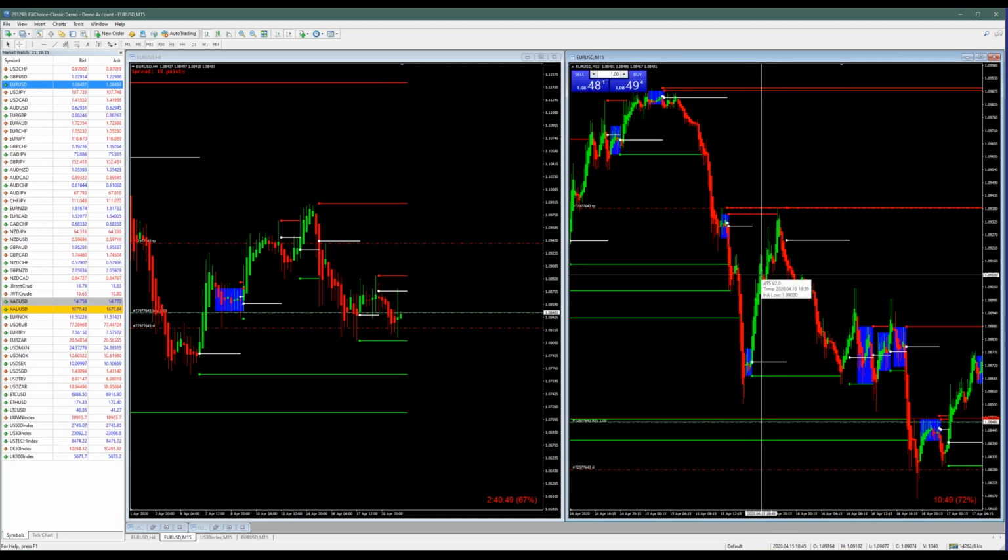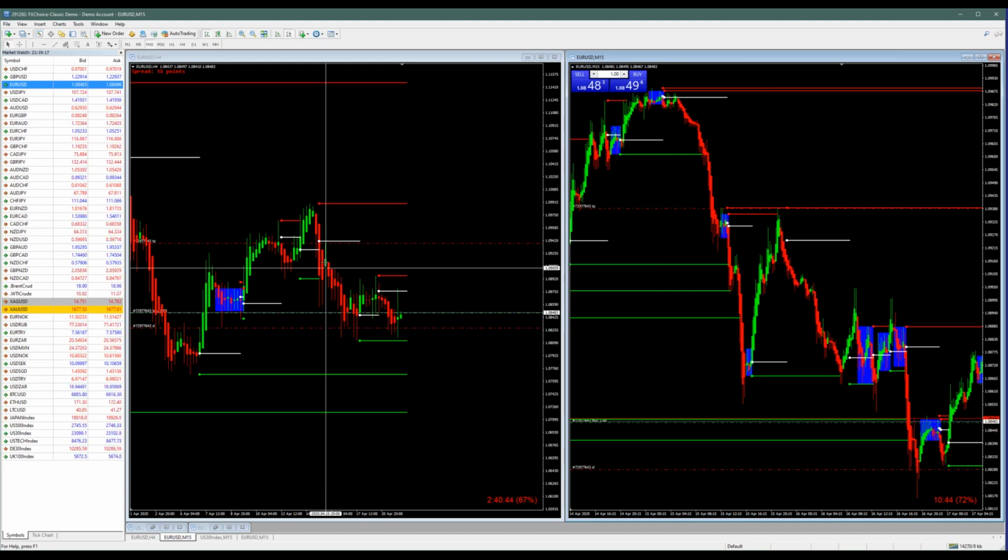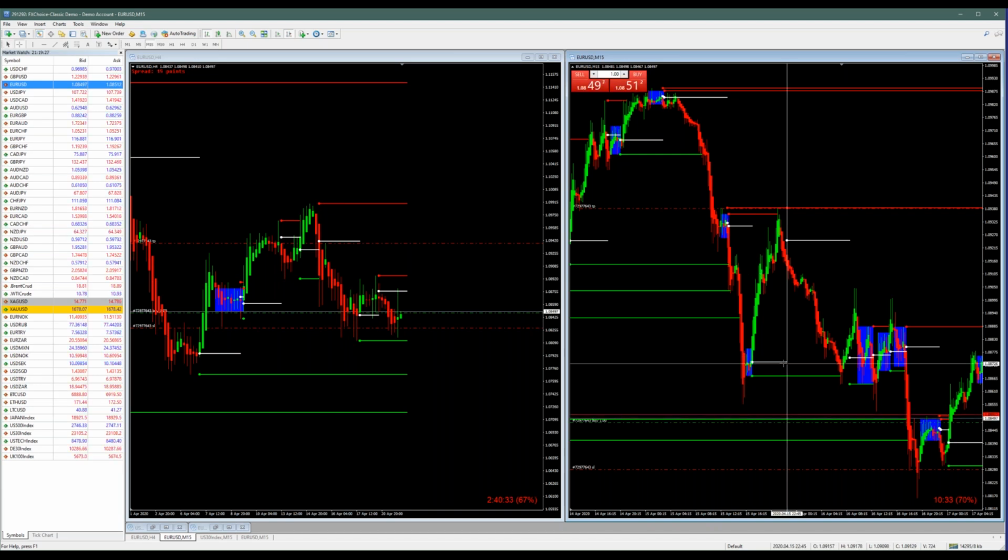So as long as the trend holds, that is the benefit of trading in line with your higher time frame's expansion, under expansion, then you do have that in your favor, that there's a very high probability that you're getting back to this level.